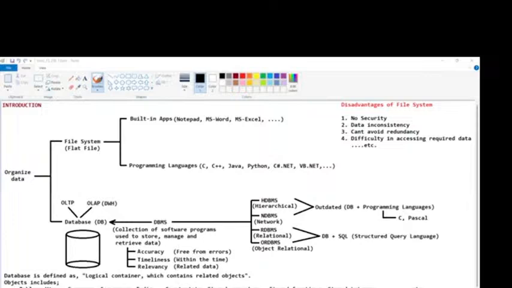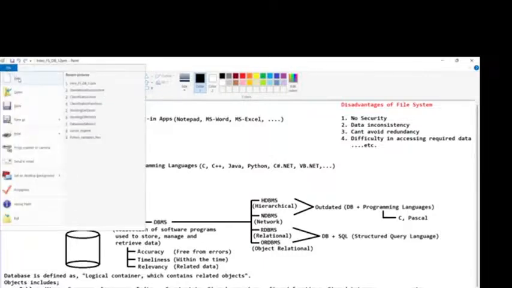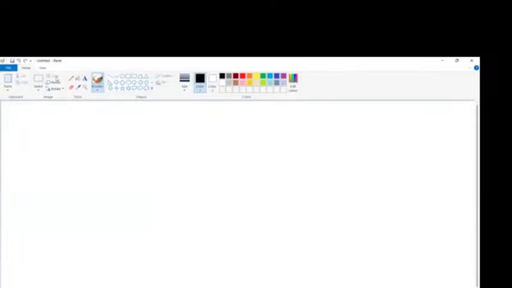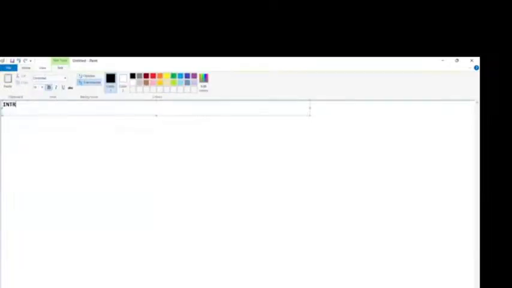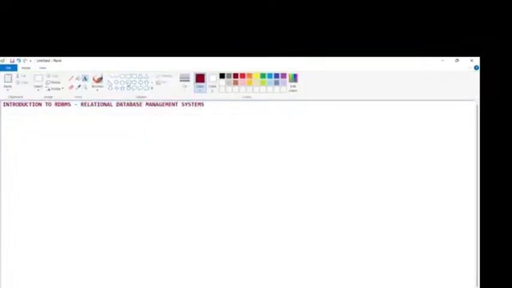Today, we are going to learn our first concept, which is related to the introduction to RDBMS, Relational Database Management Systems. From there, your subject begins.